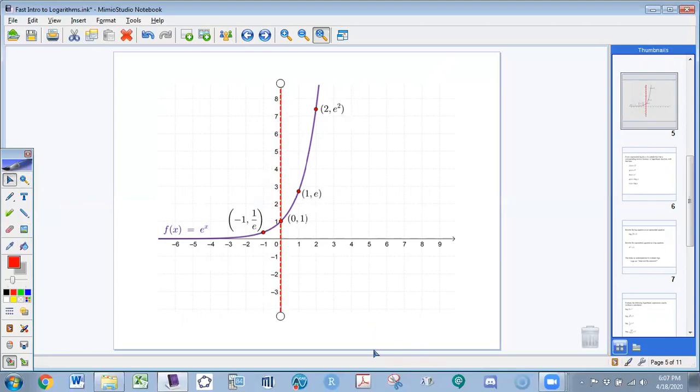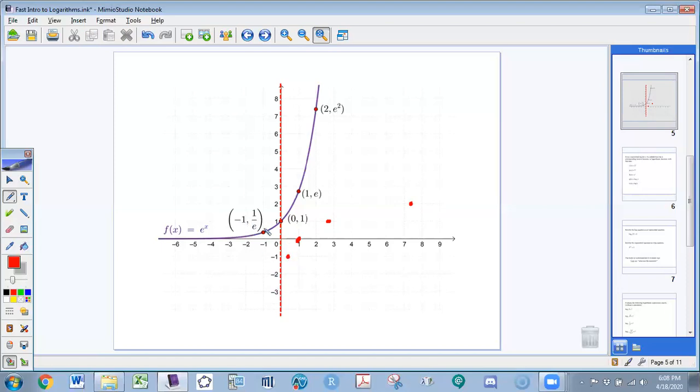All right, right there. And we come in here and we flip-flop all of the points. So instead of 0, 1, I again get 1, 0. Instead of 1, e, I get e, 1. It's about 2.7, comma 1. I get e squared, 2. e squared is about 7.4, 2. And I get 1 divided by e, which is about a third, negative 1.